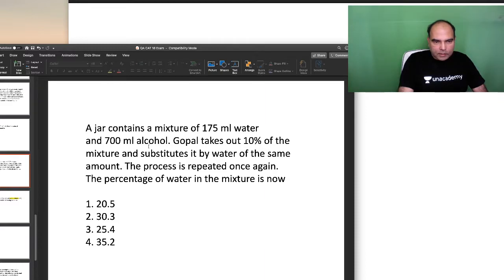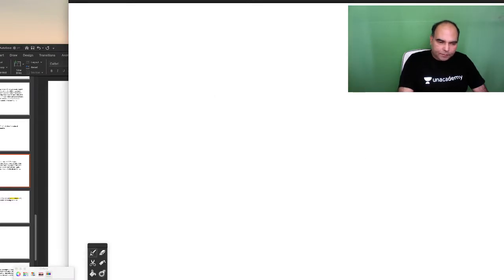So the question says a jar contains a mixture of 175 ml water and 700 ml alcohol. Gopal takes out 10% of the mixture and substitutes by water of the same amount. If we start thinking of what is happening here, the jar contains 175 ml water and 700 ml alcohol.